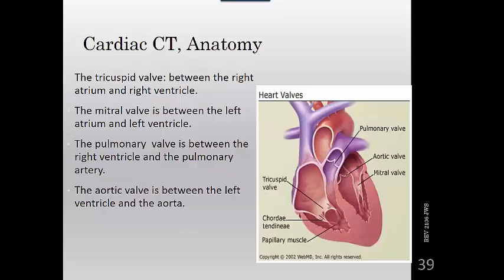Cardiac CT can provide not only anatomic information but also functional information to aid in the diagnosis and treatment of cardiovascular disease. And our discussion of cardiac CT begins by reviewing the basic anatomy and physiology of the heart, because the technologist's understanding of structural anatomy and the path and timing of circulation is essential to create high-quality cardiac CT images.